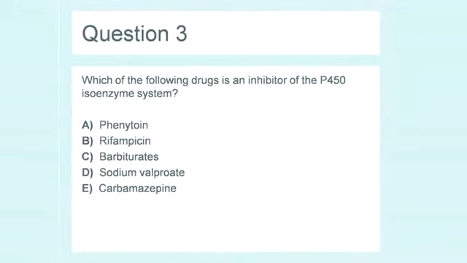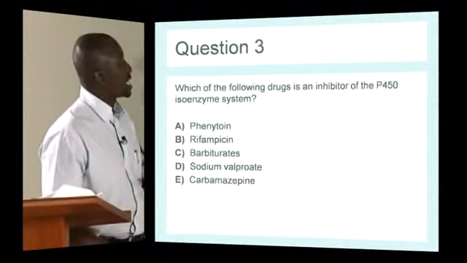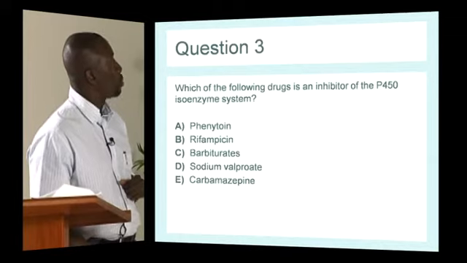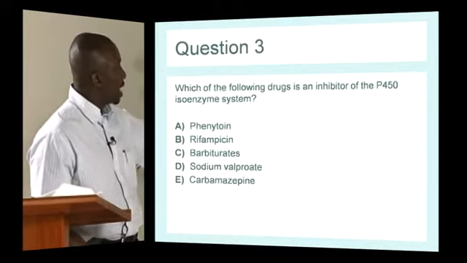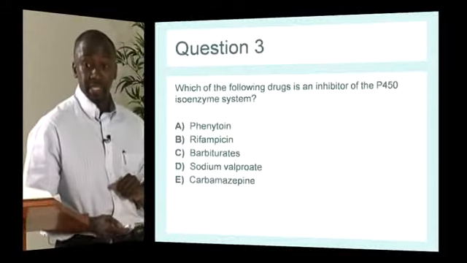We will go on to question 3. Which of the following drugs is an inhibitor of cytochrome P450 isoenzymes? And I have this list to consider. This is very important for the exams since most of the questions pertaining to metabolism are to do with inhibition or induction of enzymes.